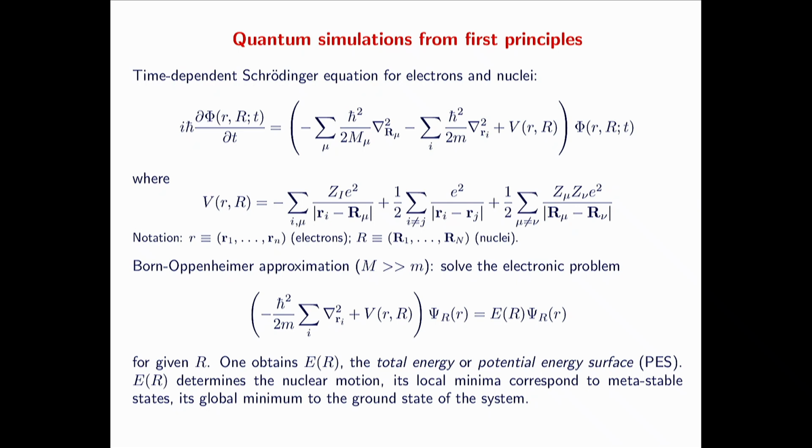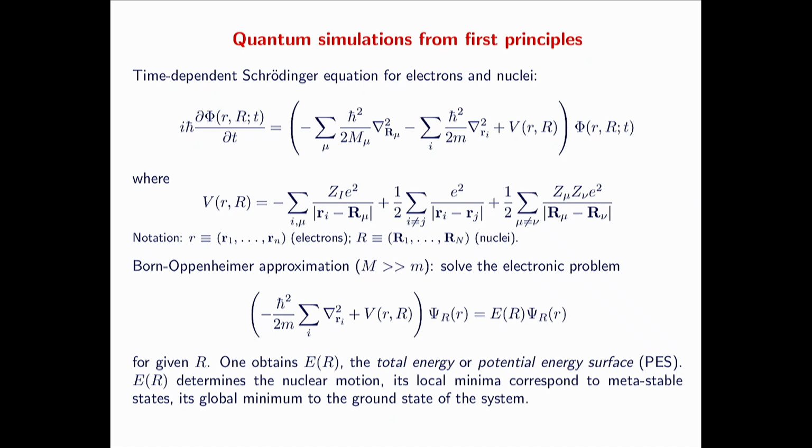And then what you find here for the energy depends also upon the nuclei. And this is what defines the so-called potential energy surface. So the energy as a function of the nuclei, energy that includes nuclear repulsion energy and nuclear electron attraction energy, and also electronic energy.